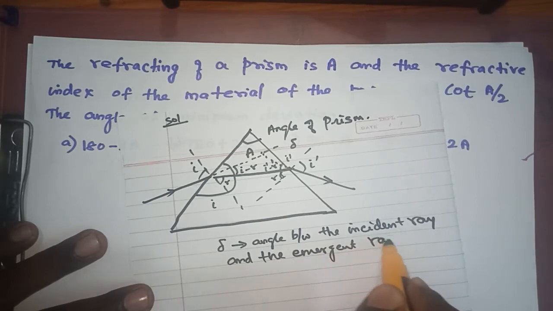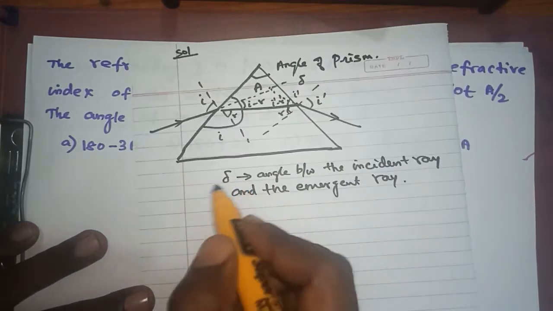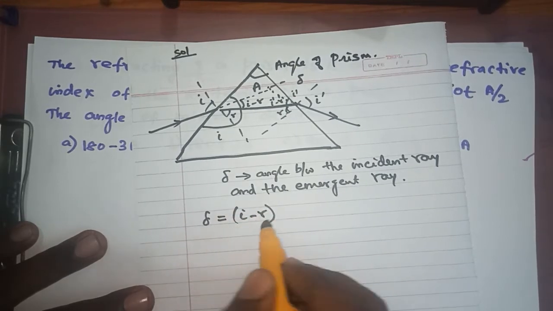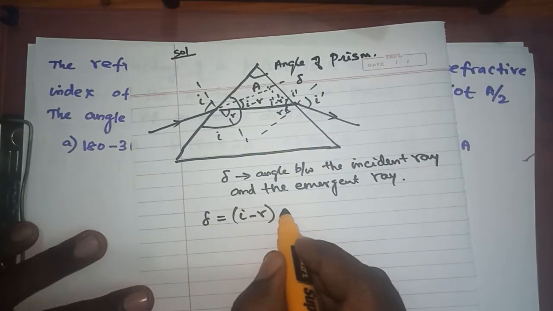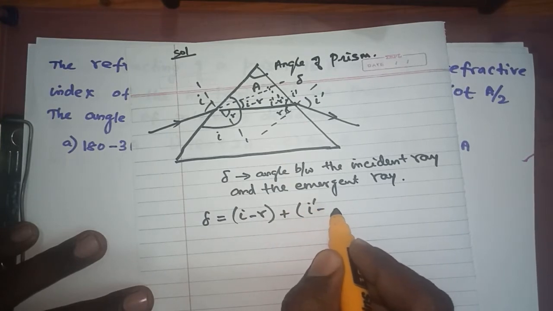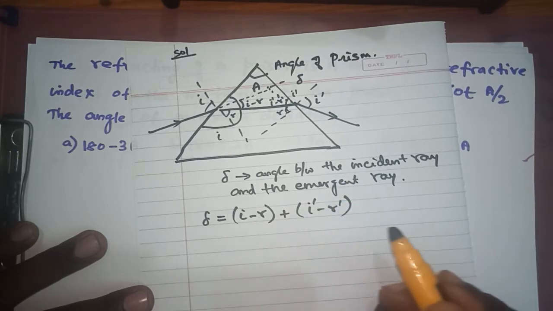So quickly we will go through determining it. What is my delta? Delta is I minus R plus I prime minus R prime. Alright.